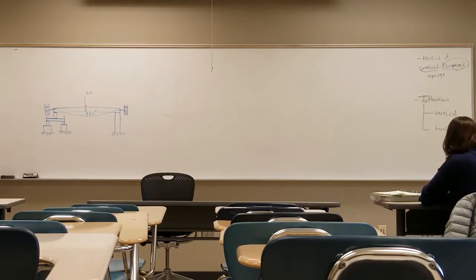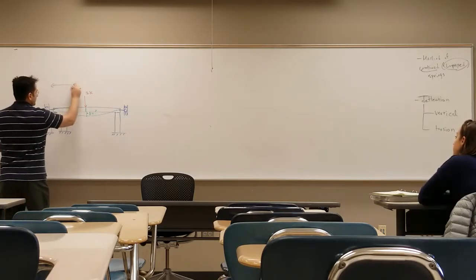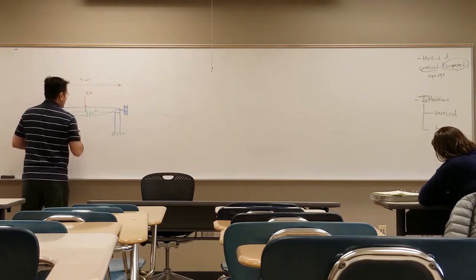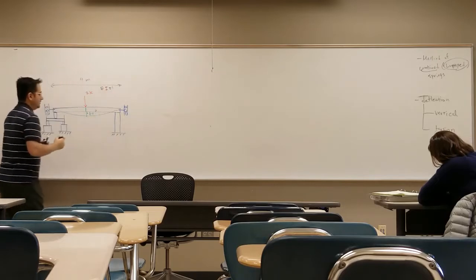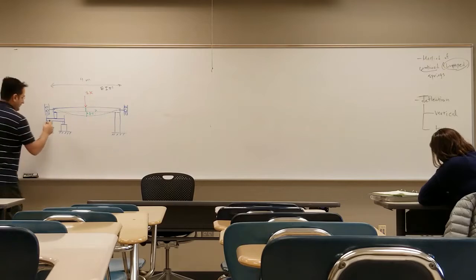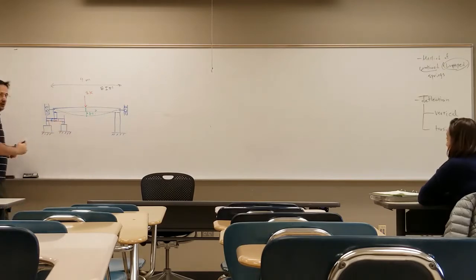Now let's put some numbers here. Let's say from here to here is 4 meter and EI is 1. And for this beam, also EI is equal to 1.